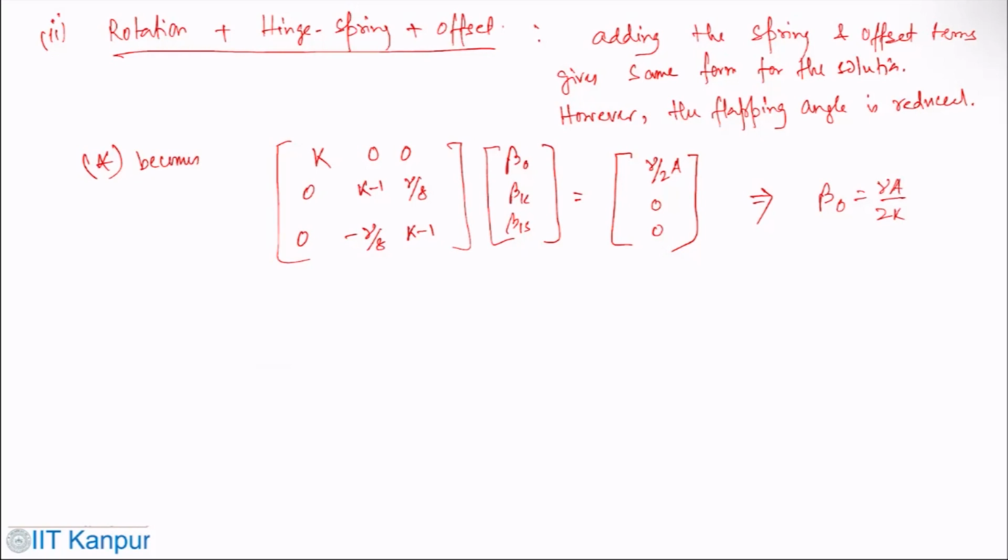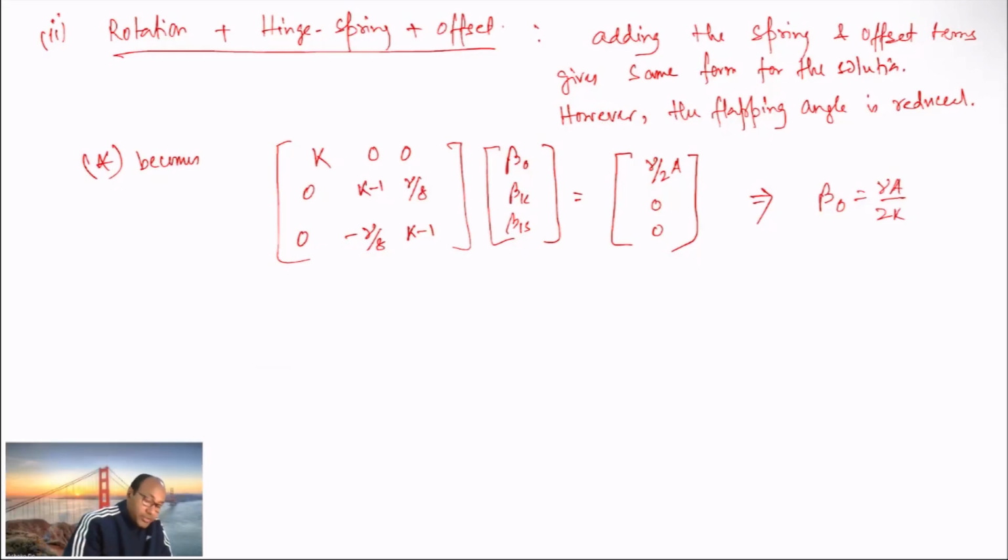As one can expect, the stiffer the spring, the smaller the coning angle.